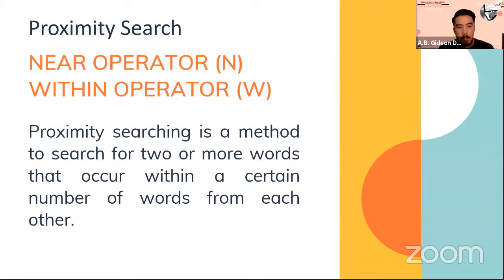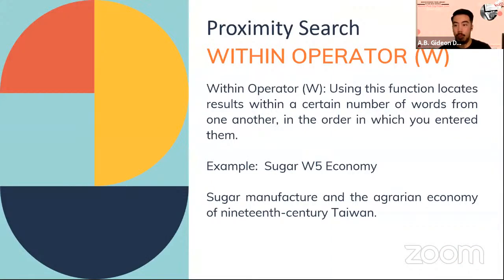So next off, proximity search. This is actually a method that would involve two words, and the search engine would supply a few words in between. Okay, so let's see what I am talking about. Let's start first with our within operator.